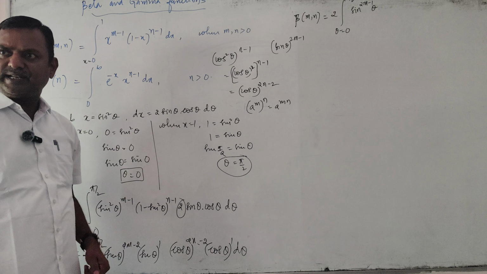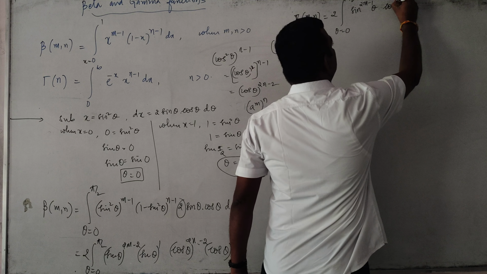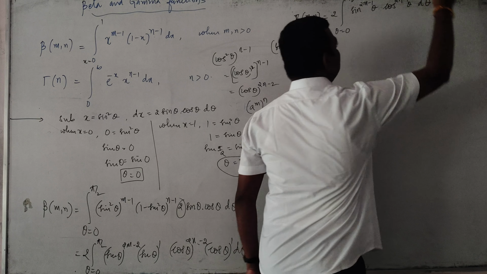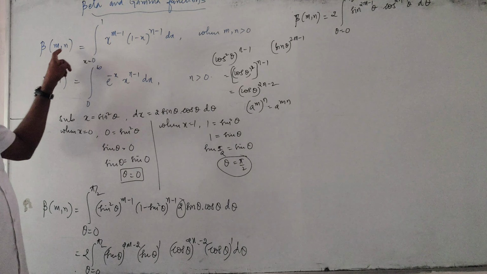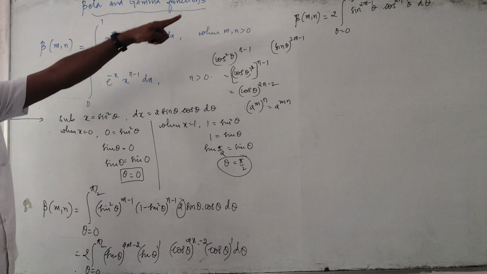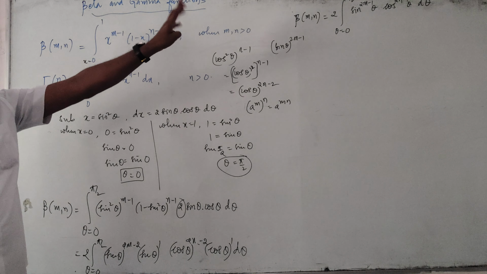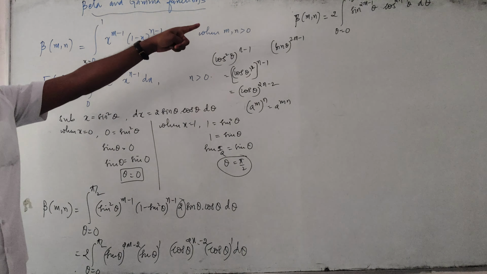Bases are the same, powers are added. It will become cos raised to 2n minus 1 theta into d theta. This is the second or equivalent form of beta of m comma n. We use this most of the time while solving examples. So that is the equivalent notation.